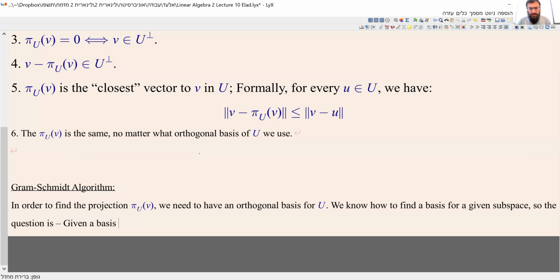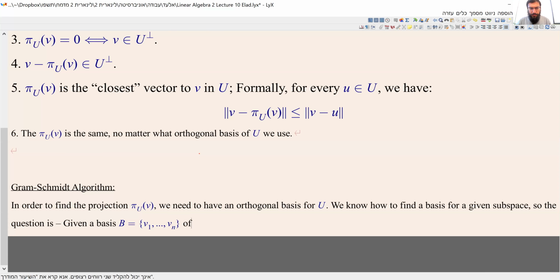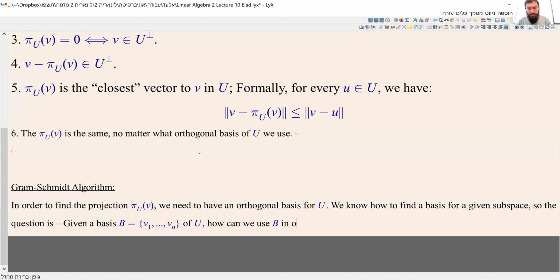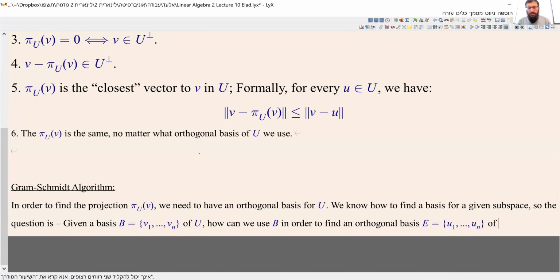Given a basis, call it B, V1 to Vn of U, how can we use B in order to find an orthogonal basis, let's call it E, with vectors U1 till Un, of U. The way we do it is called the Gram-Schmidt algorithm.